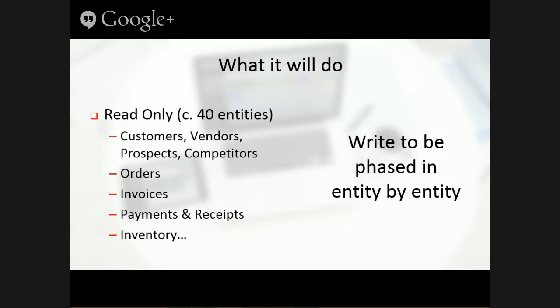And to start off with, that will include about 40 entities. And if you want an example of the kind of data and the entities available, just go to our website, suntico.com, and try out the demo there. Register for access to the demo and give it a try, and have yourself a tour through the application and take a look. And that's the kind of data that we will be publishing through the API.